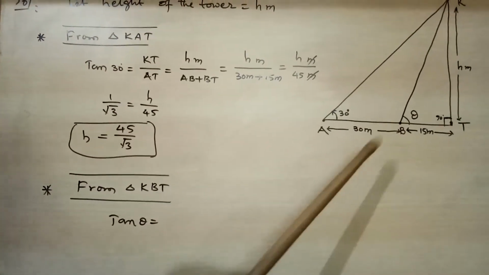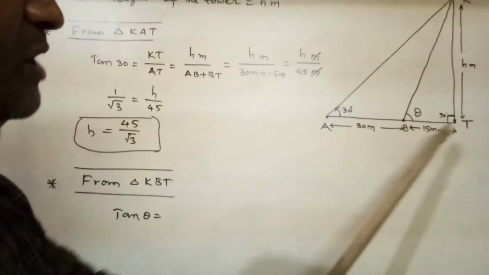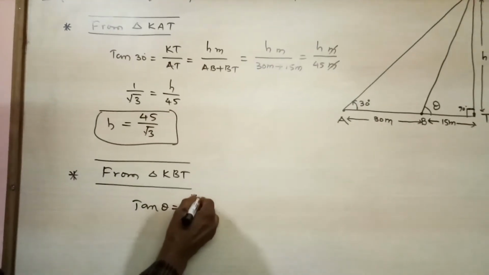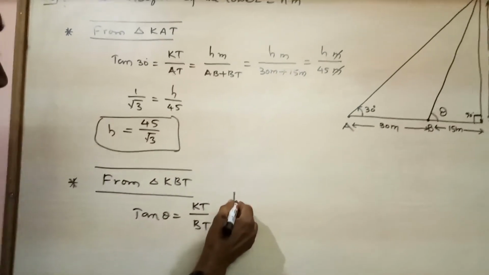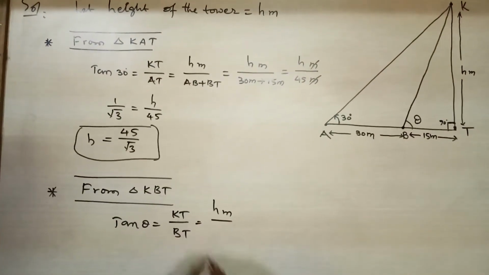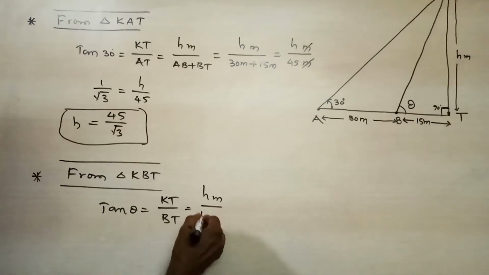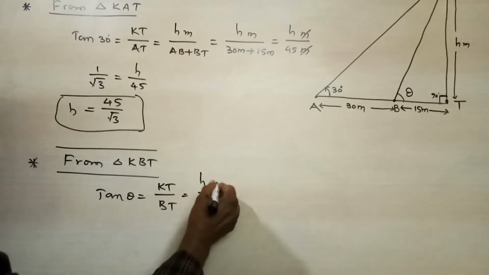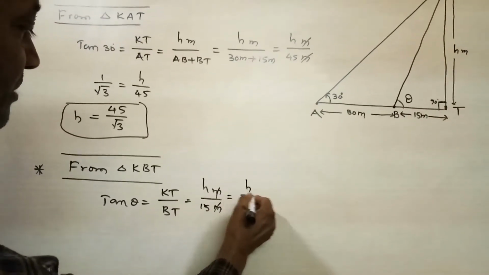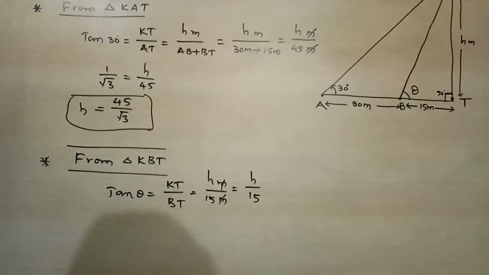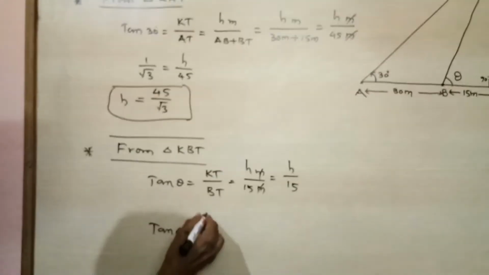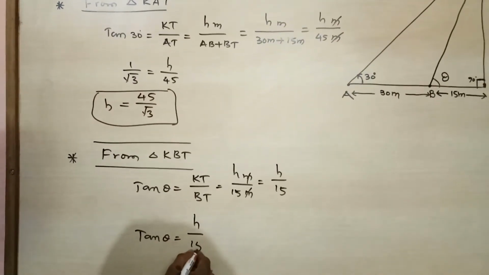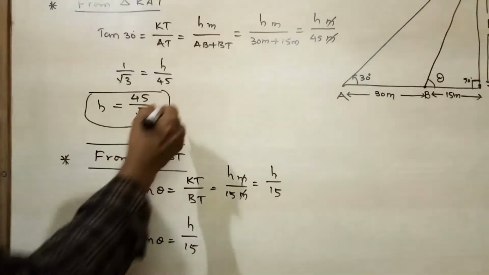Tan theta is equal to KT by BT. KT is h meters and BT is 15 meters. Meters will cancel, so tan theta is equal to h by 15. Let this be equation 2.